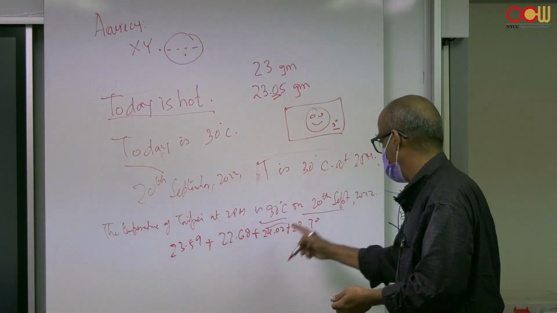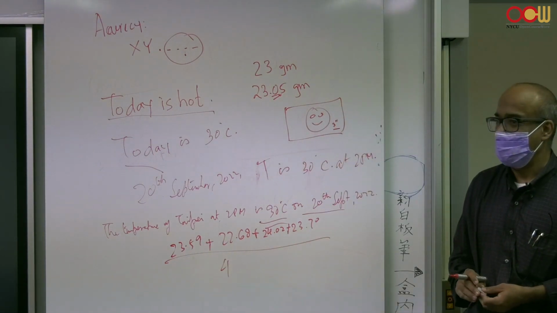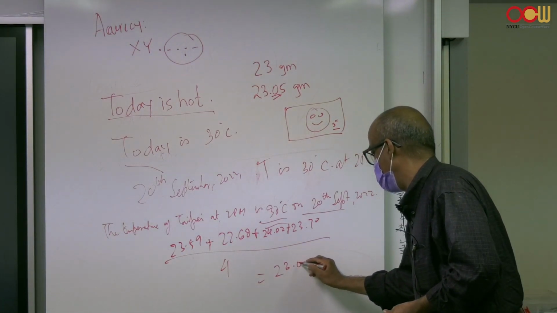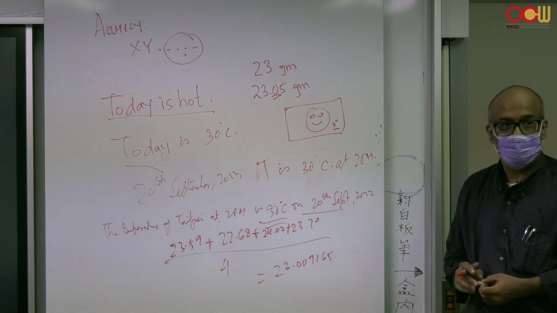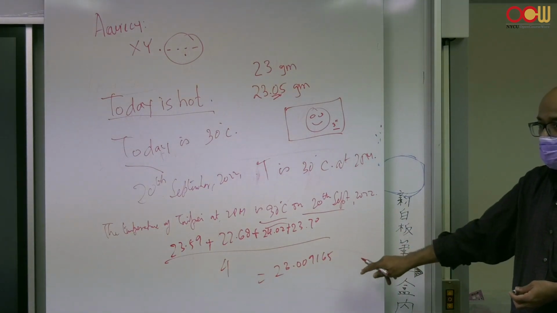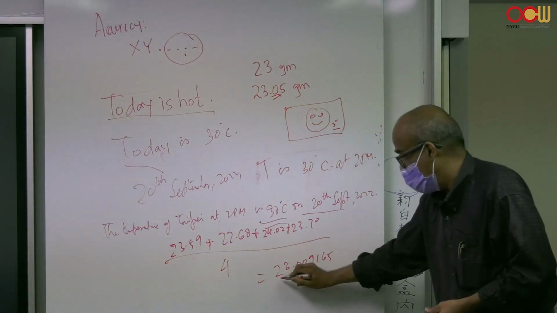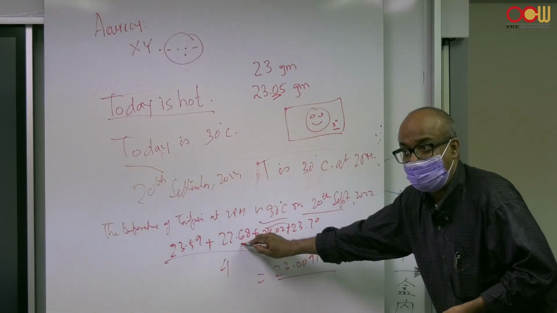You add 1, 2, 3, 4, and you divide by 4. Then you get the answer. The mean is 23.009165 something. Wow. And you write this in your manuscript. That's very, very wrong, because the average should also be expressed in this accuracy.